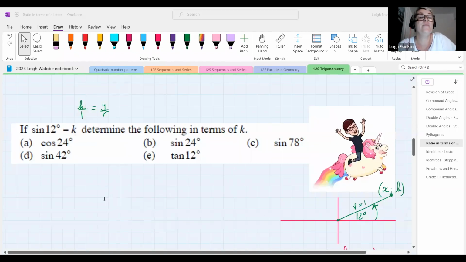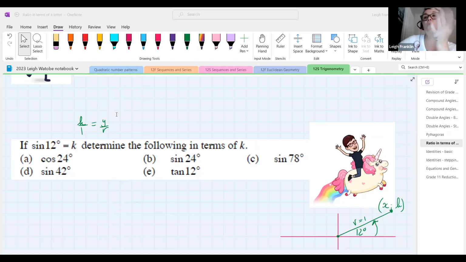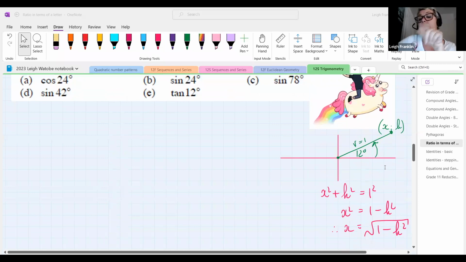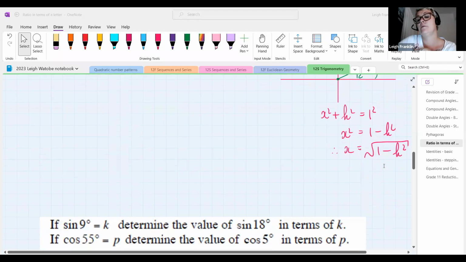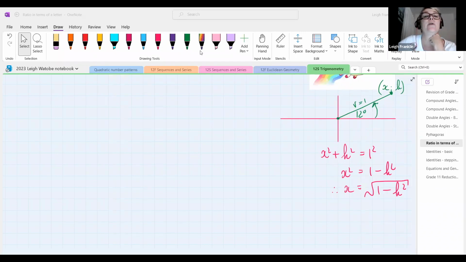Yes, if they've told us that the sine of 12 is k, remember sine of any angle is y over r. So they're telling us that the y coordinate is k and r is equal to 1. So we need to work out what the x coordinate is in terms of k, and that's where we get, using the theorem of Pythagoras, root 1 minus k squared from.